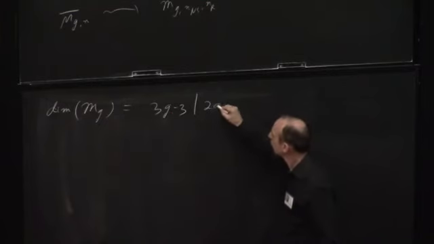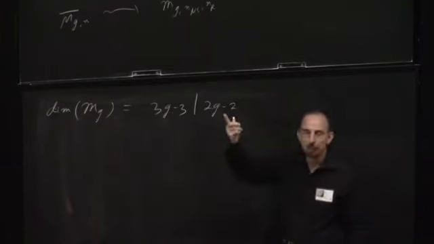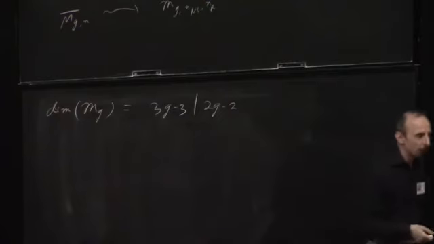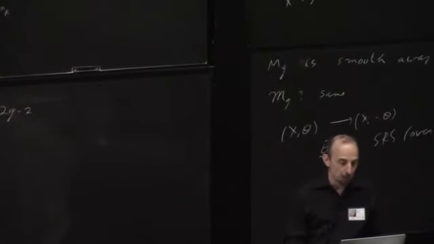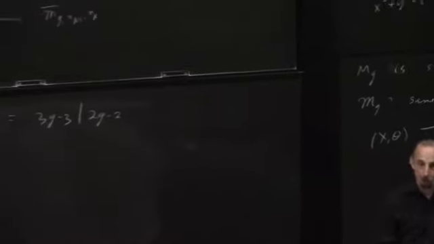The odd part turns out to be 2g minus 3. And in fact, I can tell you what the tangent and cotangent spaces are. The even part of the tangent space is h1 of the tangent bundle of the underlying Riemann surface. Or in other words, the cotangent is quadratic differentials.